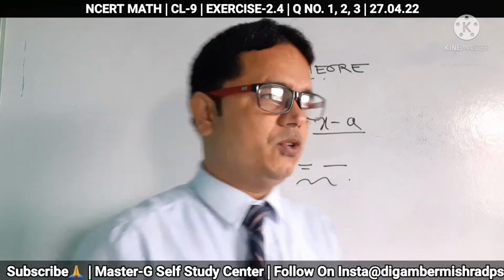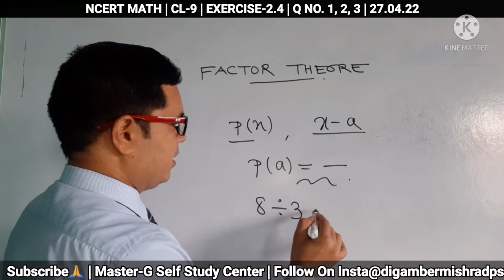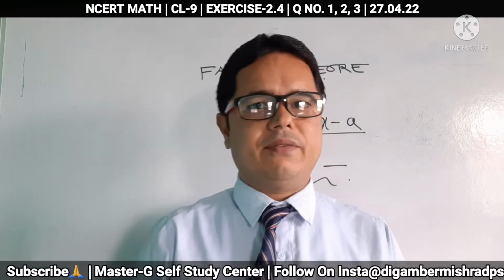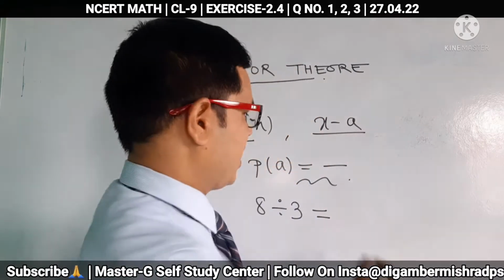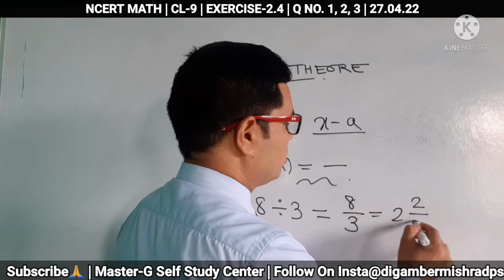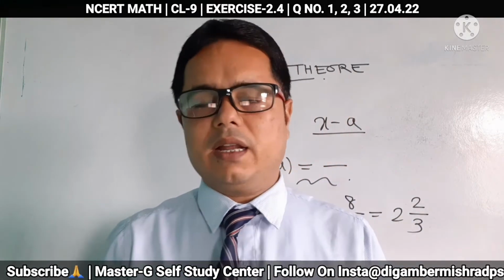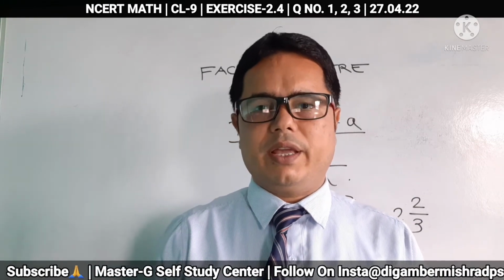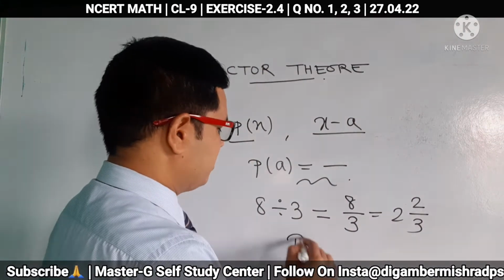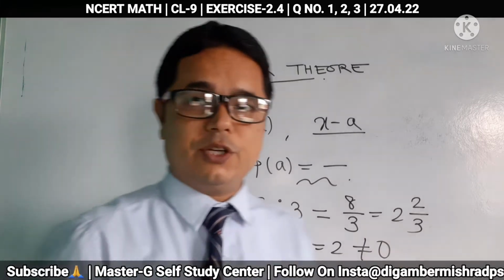Now if I ask you what 8 divided by 3 is, you will say it will come in fraction, that means 8 upon 3, and 2 whole 2 upon 3. That means if I ask you what the remainder is if we divide 8 by 3, you all know that, you will say the remainder is equal to 2, which is not equal to 0.